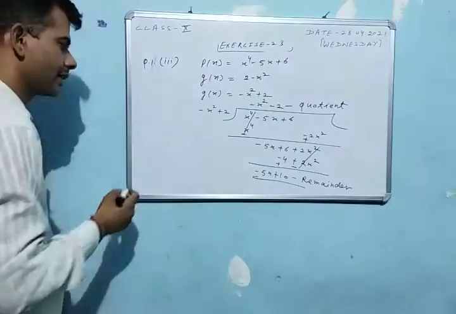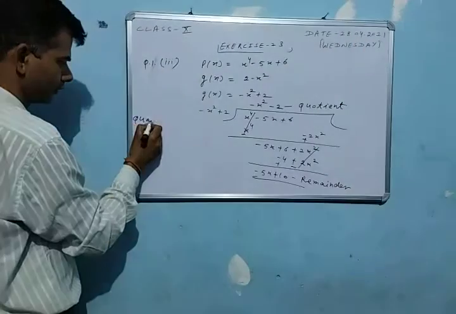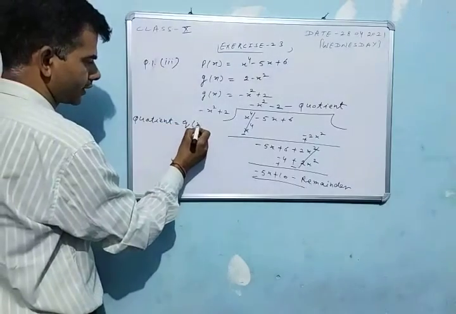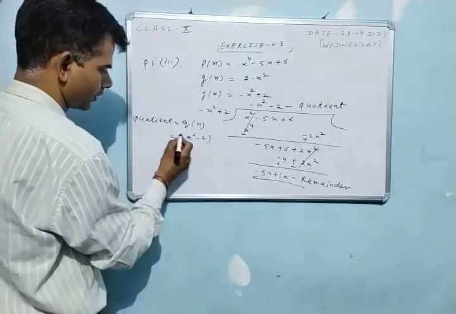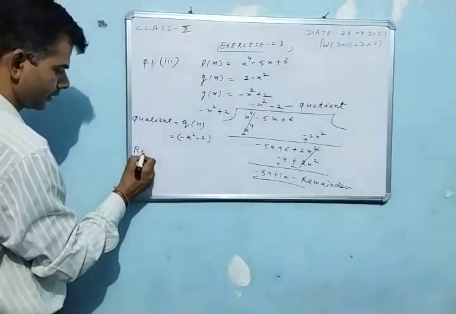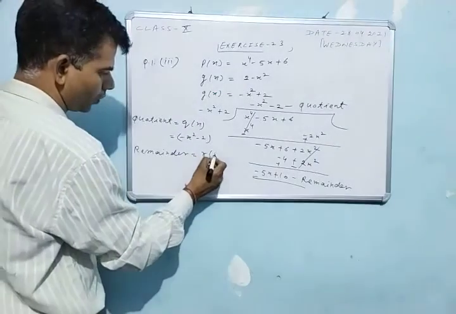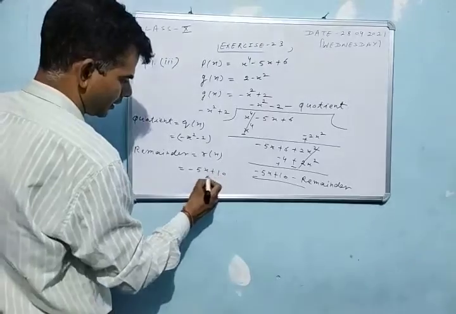You can write separately: the quotient is q of x, that is minus x square minus 2, and your remainder is r of x, you can write as minus 5x plus 10.